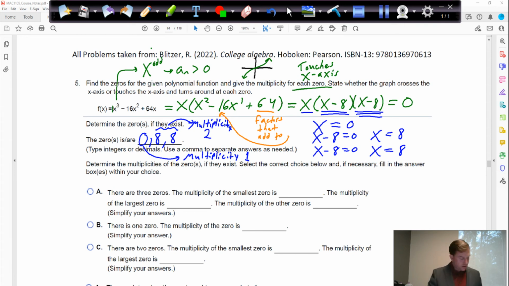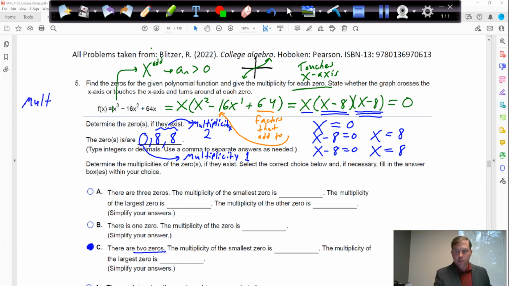So now we have to pick the right answer block. Technically we had two unique zeros. Now, let's do a little picture over here.